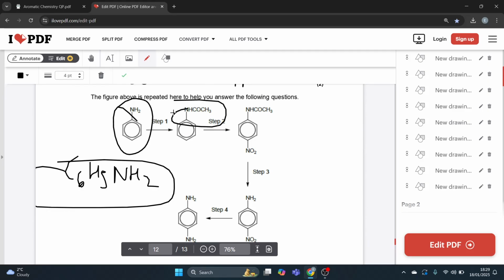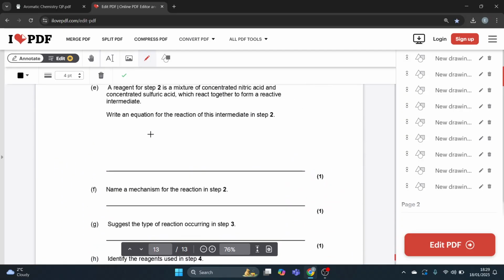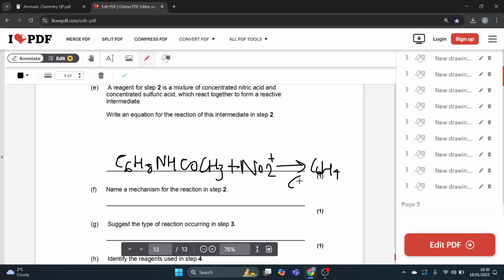C6H5NHCOCH3 plus NO2+ to form C6H4NHCOCH3NO2 plus H+.